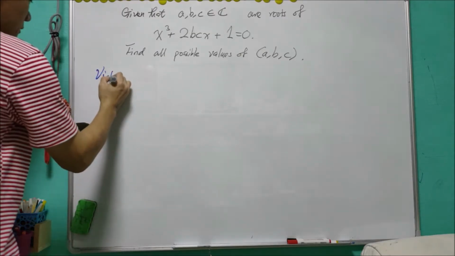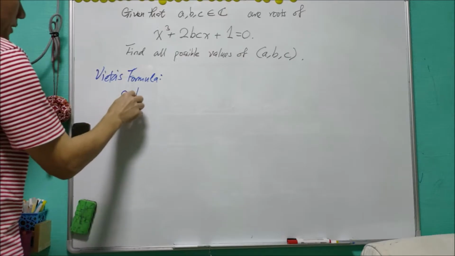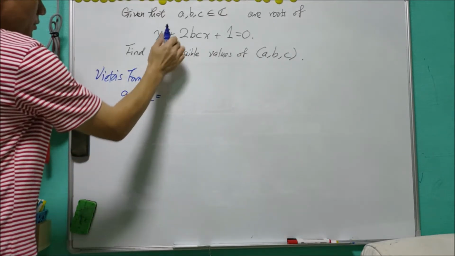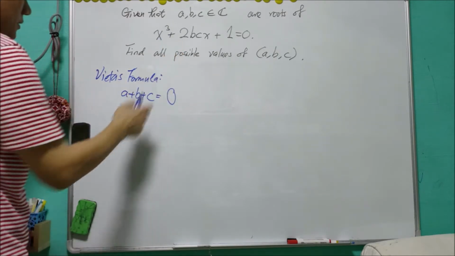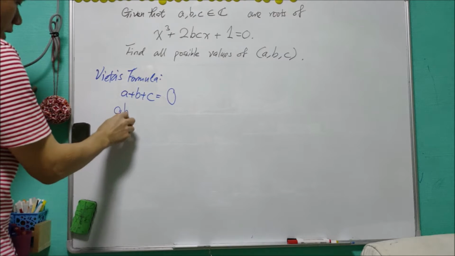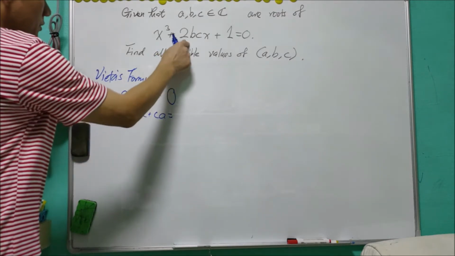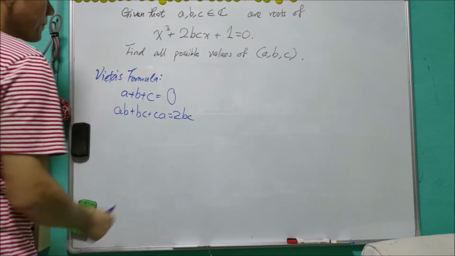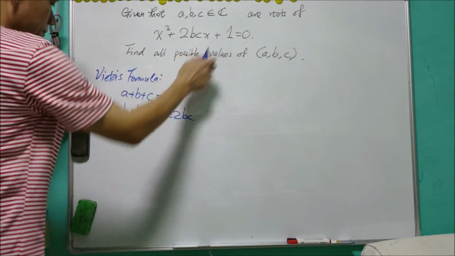Using Vieta's formulas, a plus b plus c will be equal to 0 because the coefficient of x squared is 0. And ab plus bc plus ca will equal 2bc. And finally, abc equals -1.